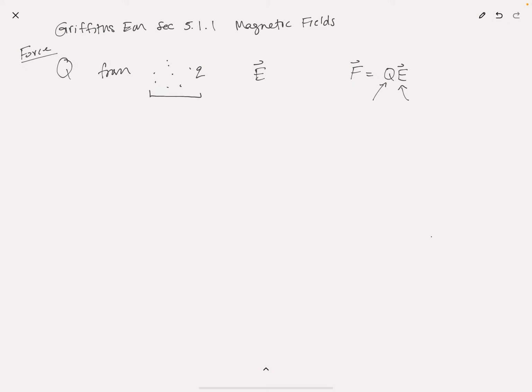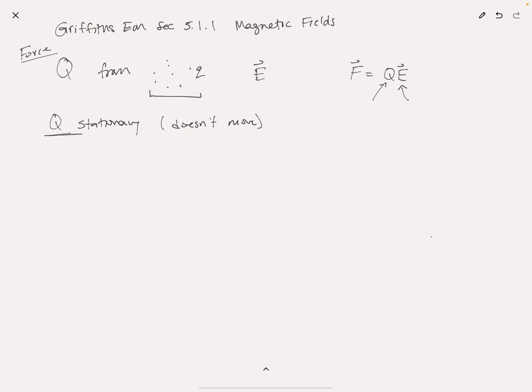We have done this only in the context of a stationary test charge, where our test charge is stationary, so it doesn't move. We also said that the things that are generating the field are also not moving, but importantly, this charge does not move.